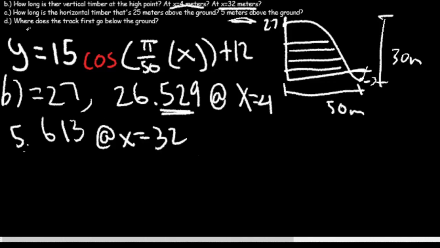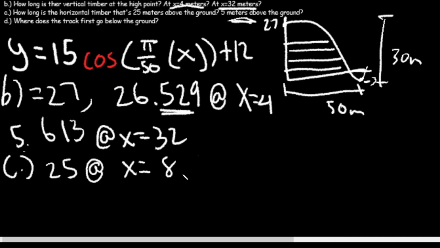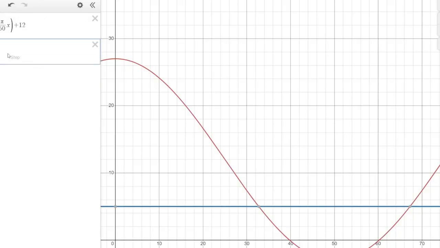Alright, for number C, since it asks how long the timber is at 25 meters, we can say 25, or y, at x equals 8.313. Now we're finding how much is 5 meters. Switch to Desmos, and then y equals 5.